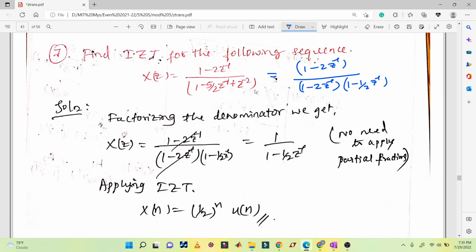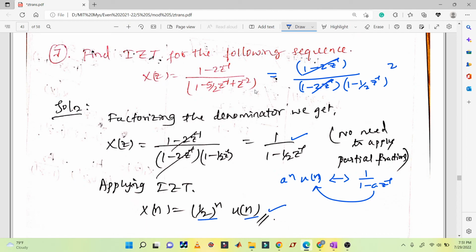It comes like this. Then this and this cancel. Directly your answer is this, x of z is this one. For x of n, comparing with the standard equation a to the power n u of n, z transform is 1 divided by 1 minus a z inverse. So inverse z transform is a to the power n u of n. So 1 by 2 to the power n u of n. So directly you can write.